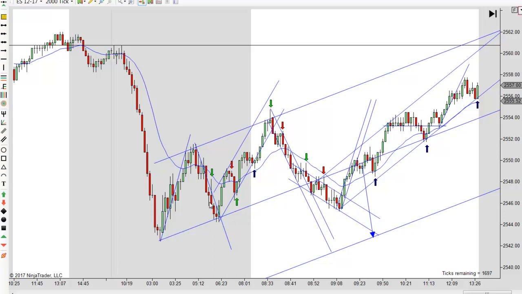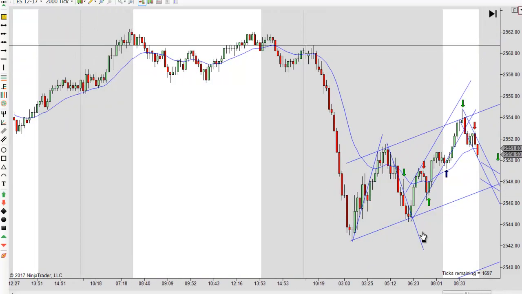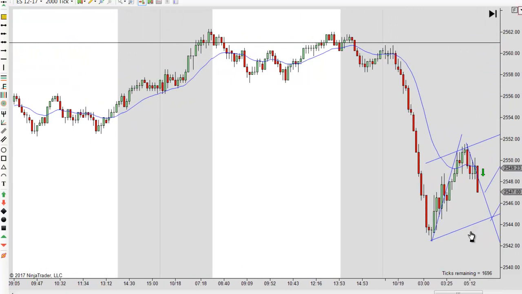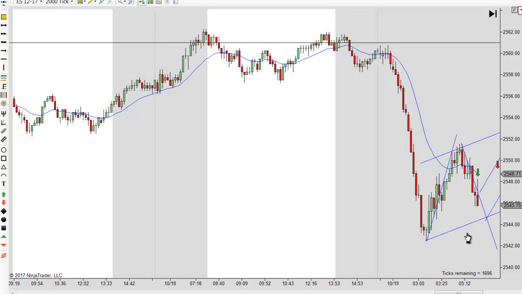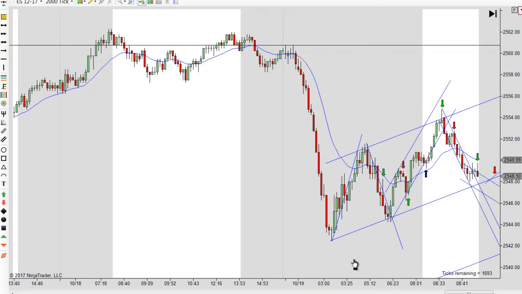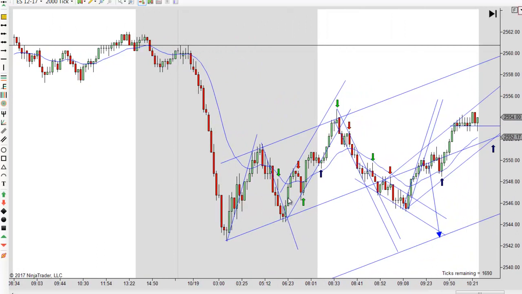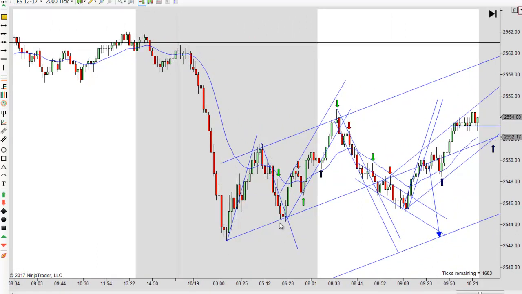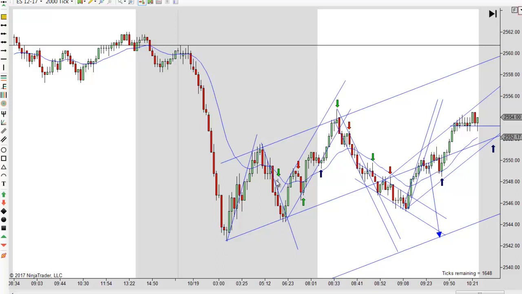So if you just come over to that point right there, that looks like a pretty good trade. So I could see arguing for that one. But once it bounces there, it makes a higher low, and then we run up, it makes a higher high, and then it pulls back, it makes a higher low. So I like that one for a possible entry.